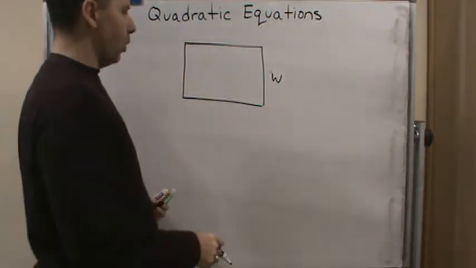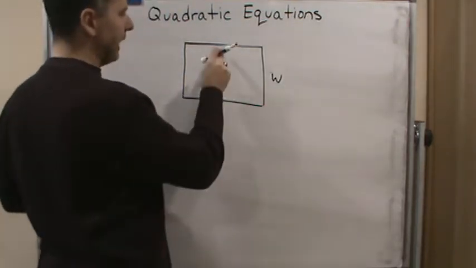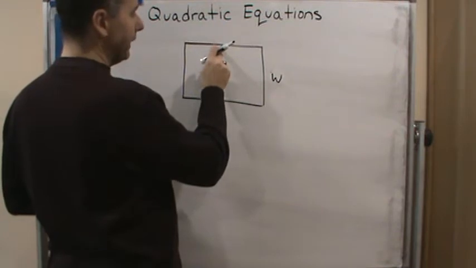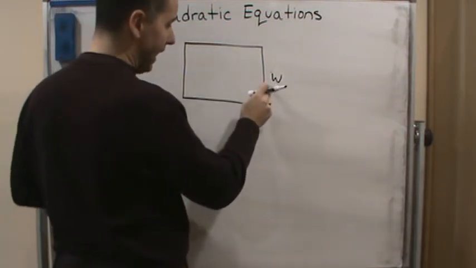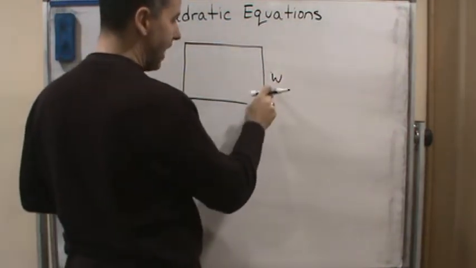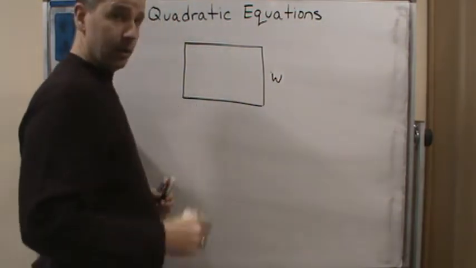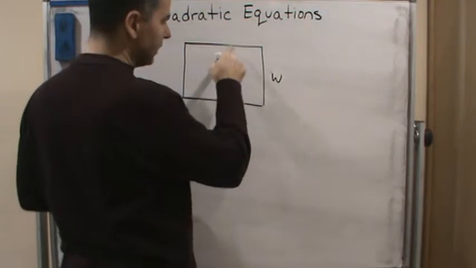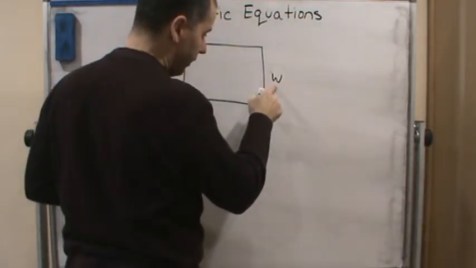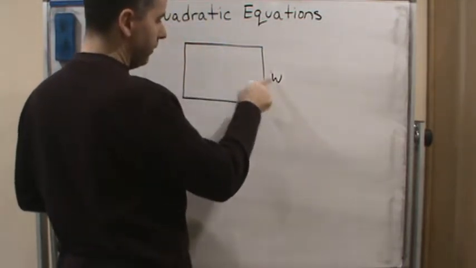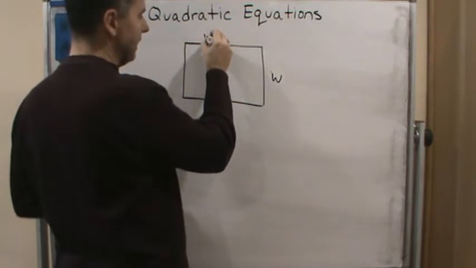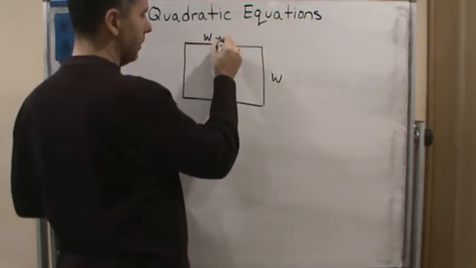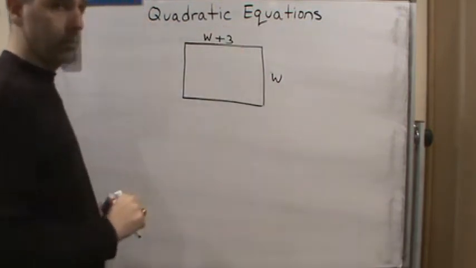So we're saying, since this is 3 inches longer than this side, let's just give this side a variable name, W. And now since this side is 3 inches longer, it's going to be the length of this plus 3 inches.